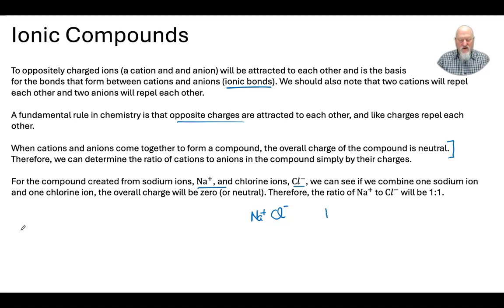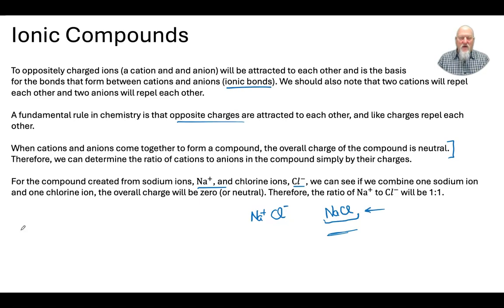So what I would write is NaCl as the formula, understanding that they are ions, Na+ and Cl-. But when I write a formula for an ionic compound, I want to write it so that it's neutral. So they have the same number of positive charges from the cations and negative charges from the anions. And that's how we come up with the formula for our ionic compounds.